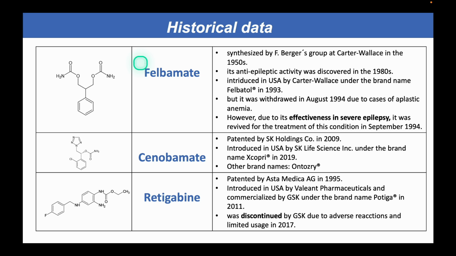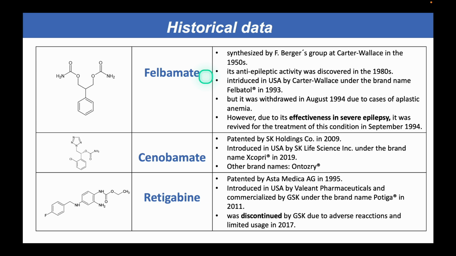Felbamate has a history full of ups and downs. Frank Berger's group at Carter Wallace synthesized it in the late 1950s. However, its activity as an antiepileptic was discovered 30 years later. It was introduced by Carter Wallace under the brand name Felbatol, after achieving excellent efficacy results.